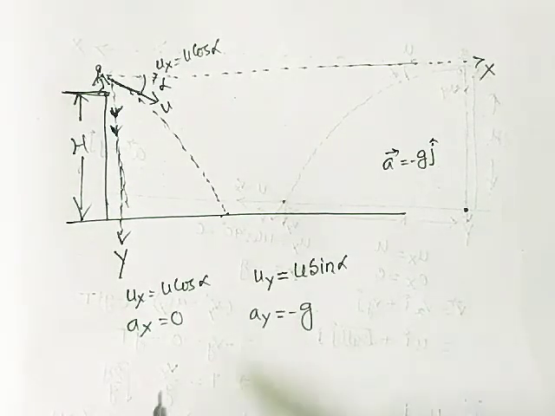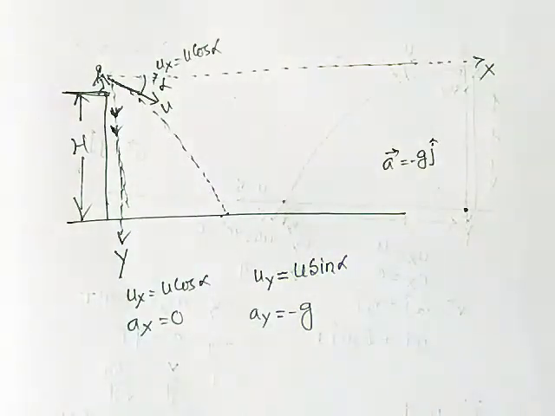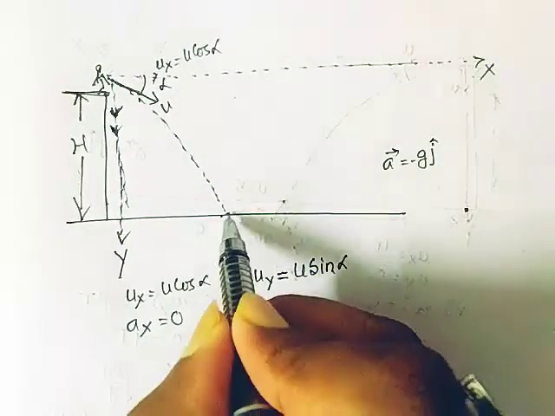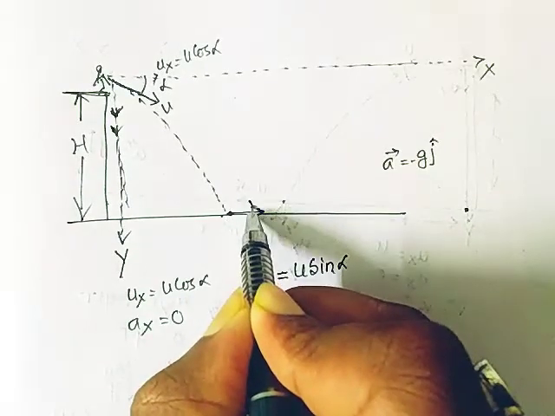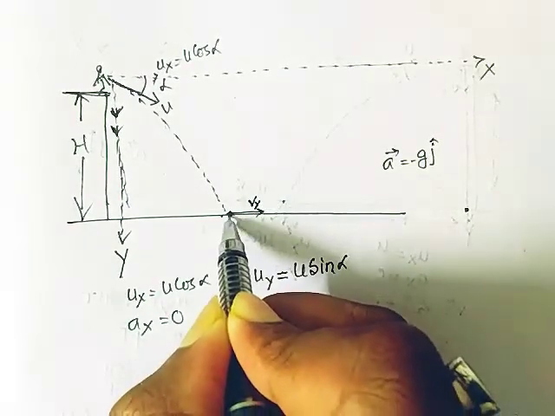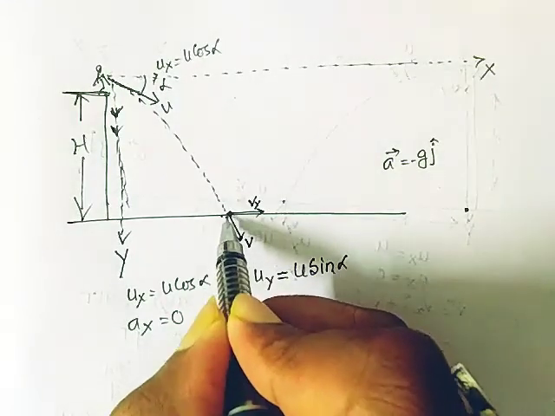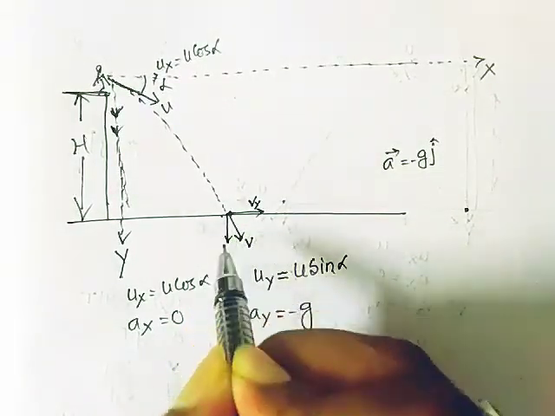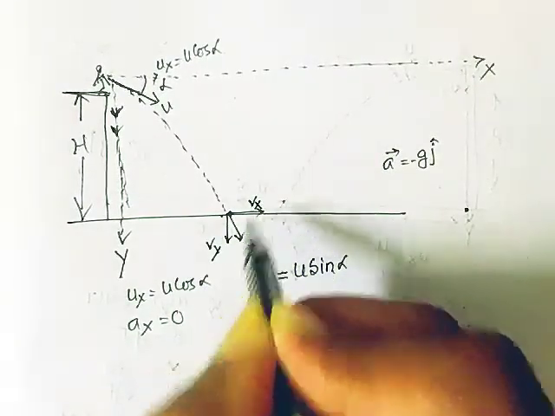So u cos alpha is the constant velocity. Here also it is u cos alpha, it will never change. Let us take the velocity when it just strikes here as v, with components vy and vx.